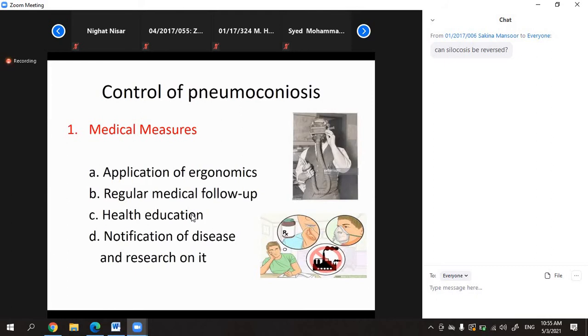And finally, there should be continuous research on the prevalence and incidence of pneumoconiosis, the risk factors involved, and there could be a health education trial. So these are the medical measures which can be applied to prevent pneumoconiosis.